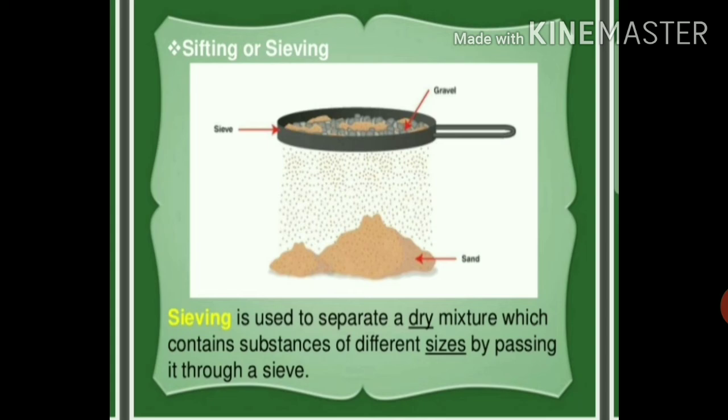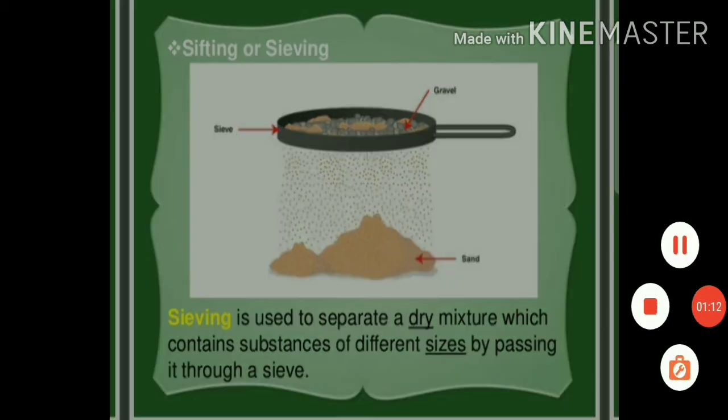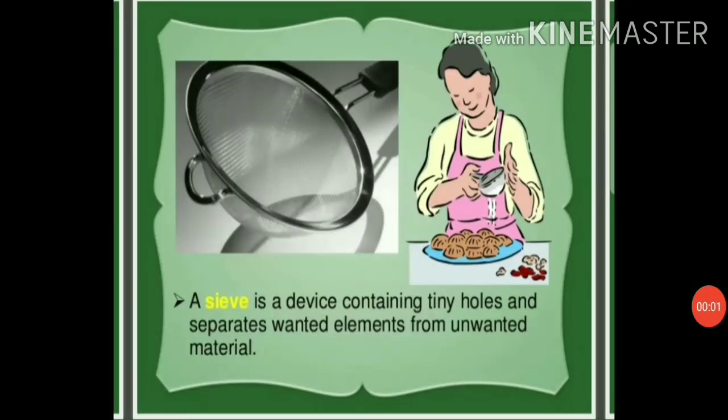So students, sieving is used to separate a dry mixture which contains substances of different sizes by passing it through a sieve. A sieve is a device containing tiny holes and separates unwanted elements from useful materials.